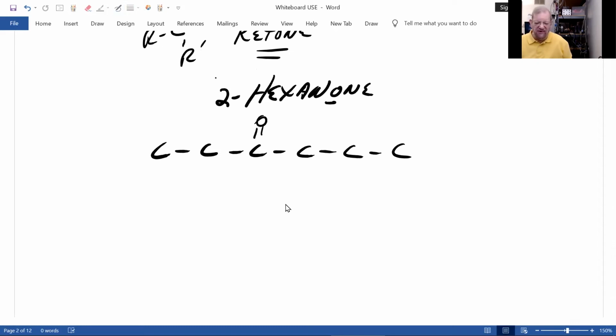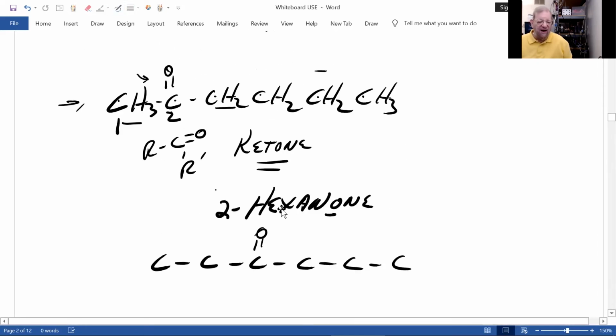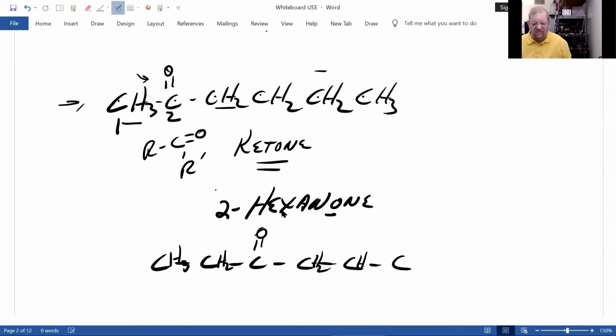which is an isomer of the one I just drew up here. And this also is a ketone, a carbonyl carbon double bond to oxygen with R groups on it.